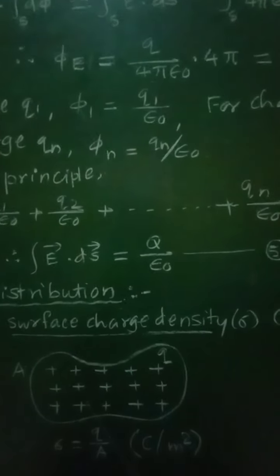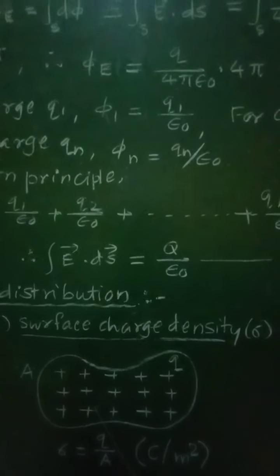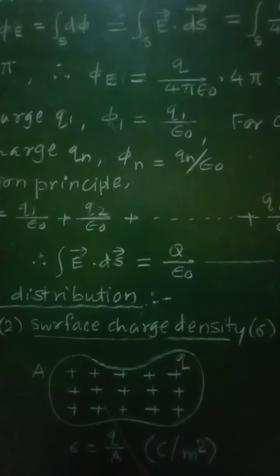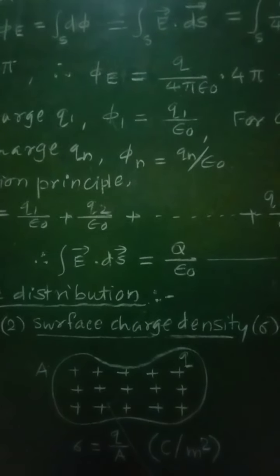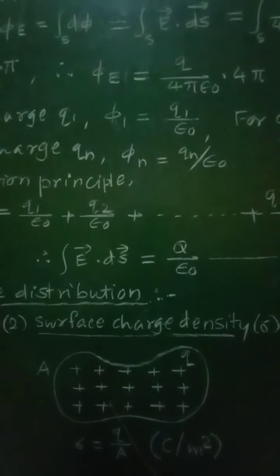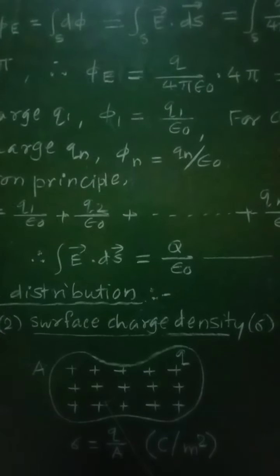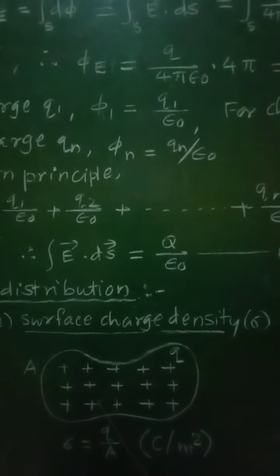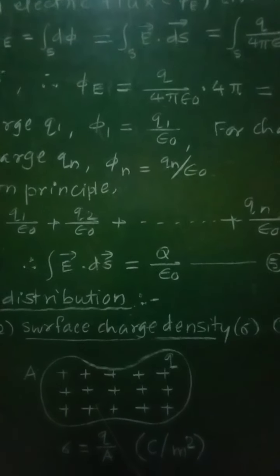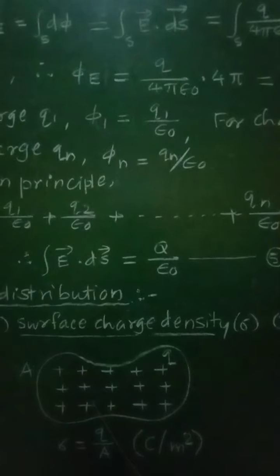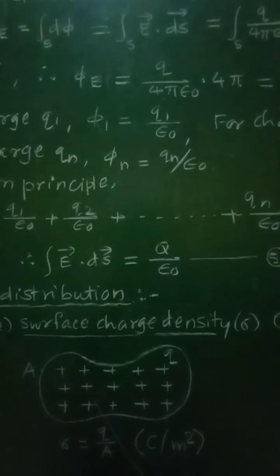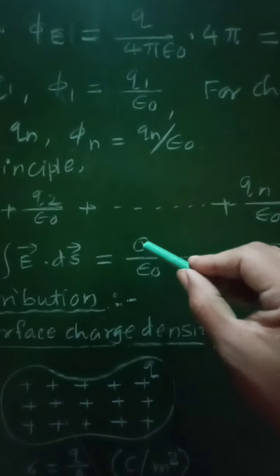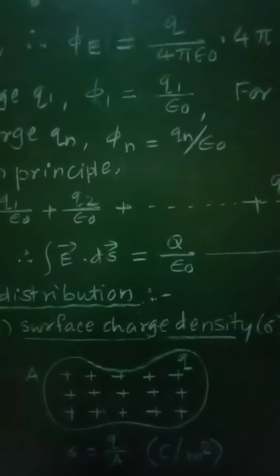From this equation we can state Gauss law or Gauss theorem. The statement of Gauss law is: the flux of net electric field through a closed surface is equal to the net charge enclosed by the surface divided by epsilon 0.